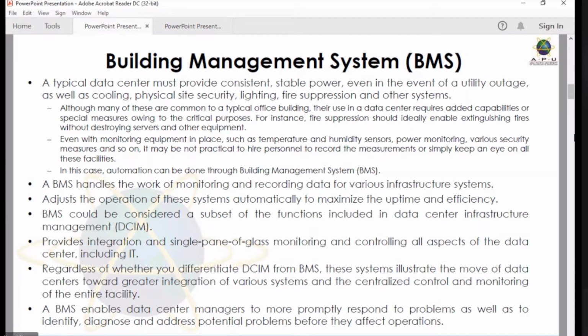And it provides centralized monitoring of all the components or parts of the data center. BMS enables data center managers to more promptly respond to problems as well as to identify, diagnose, and address potential problems before they affect operations.